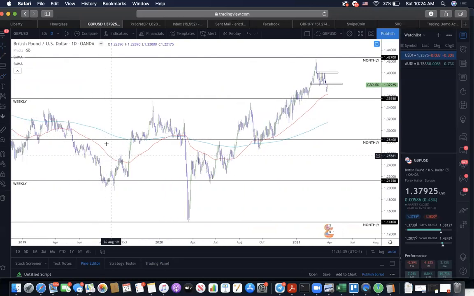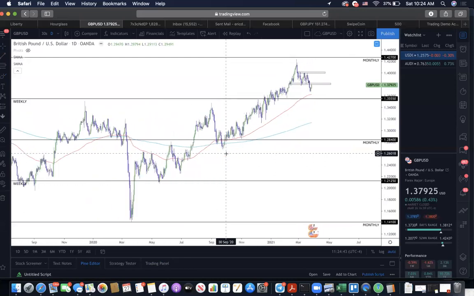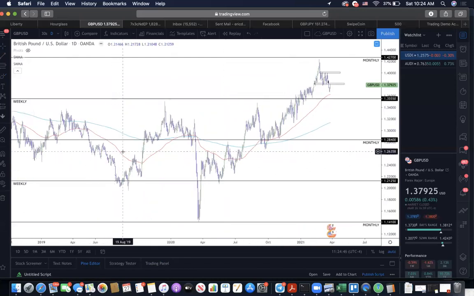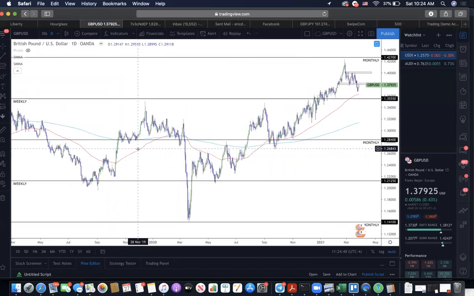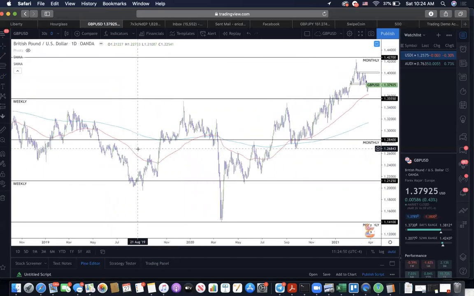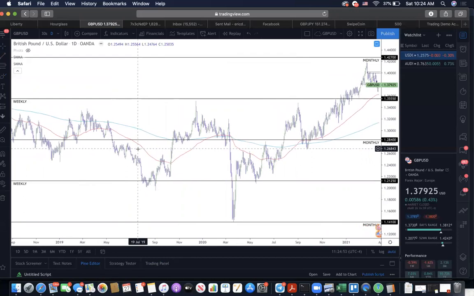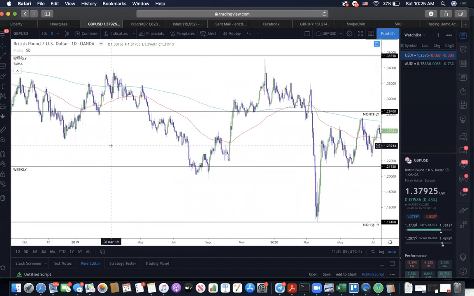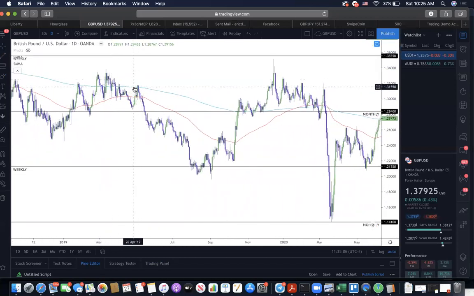Because if you know the overall direction, then you know what's up, right? If price breaks below the 50 moving average, you will look for a sell. If it breaks below the 50 and the 200, you know that you're in a sell for quite some time. For example, here's my 50.